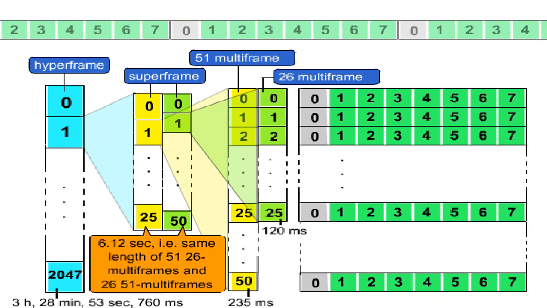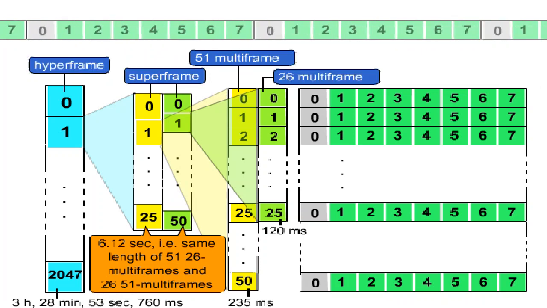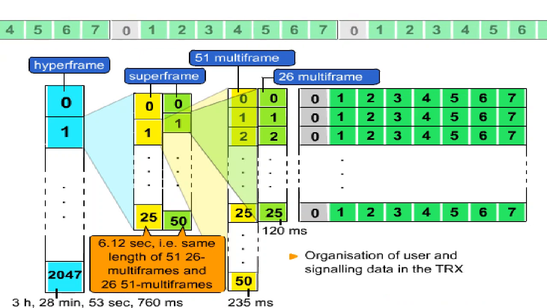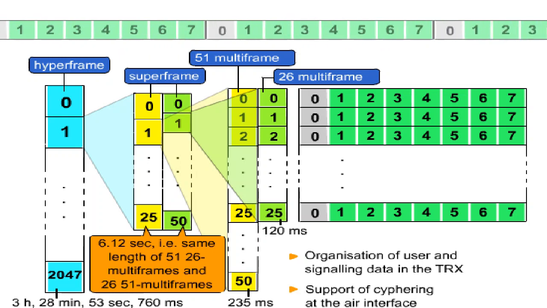TDMA frames, multiframes, superframes and the hyperframe can be considered as counters to organize user and signaling information within the TRX and to support ciphering at the air interface.